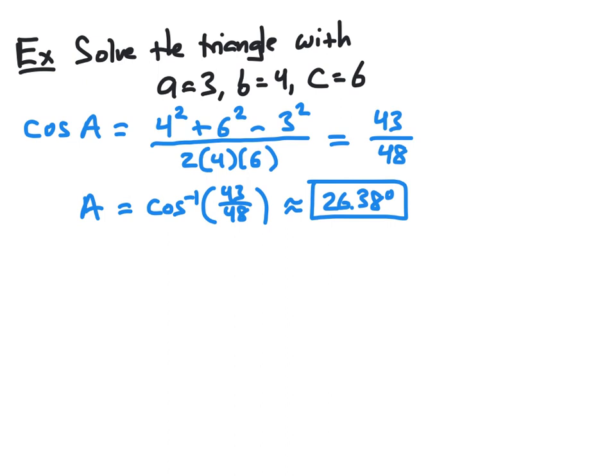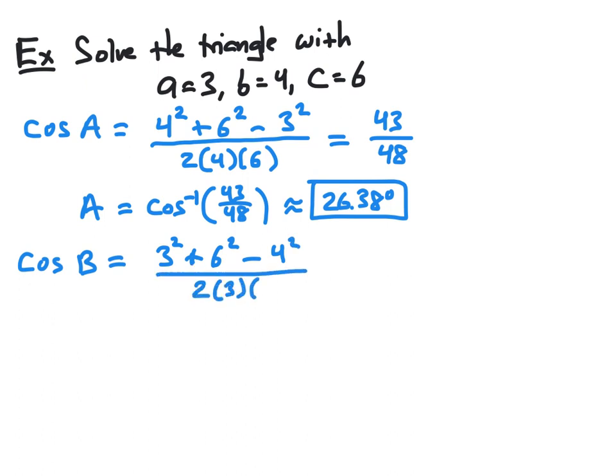To find angle B, we can go through the same process. The cosine of B will be A squared plus C squared minus B squared, all over 2 times A times C. Our numerator here is 29, and our denominator is 36.